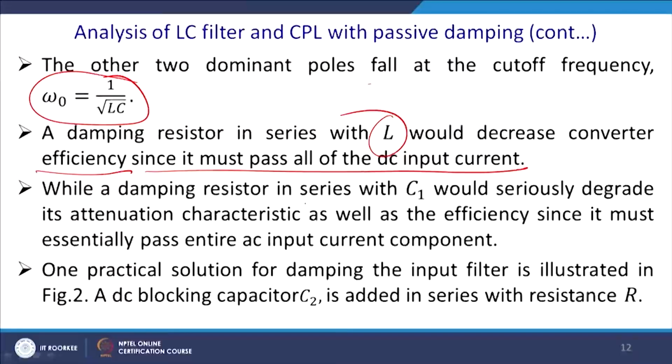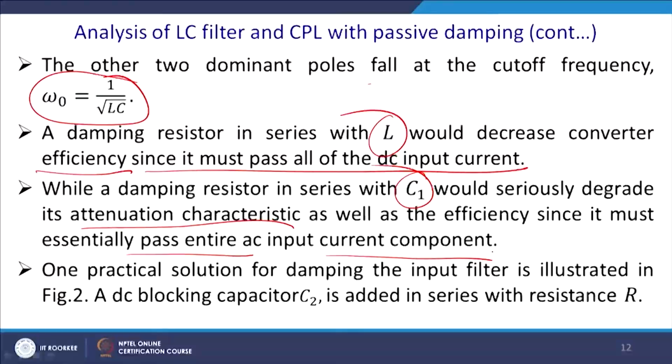While damping resistors in series with C1 will seriously degrade the attenuation characteristics as well as the efficiency, since it must essentially pass the entire AC current component.